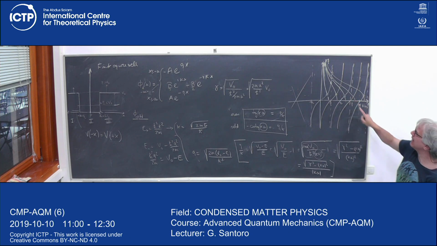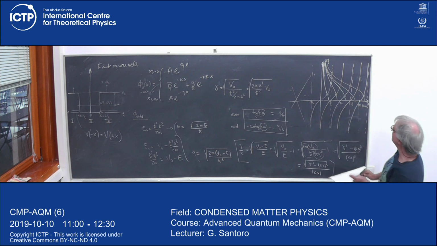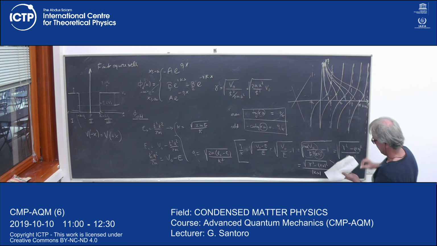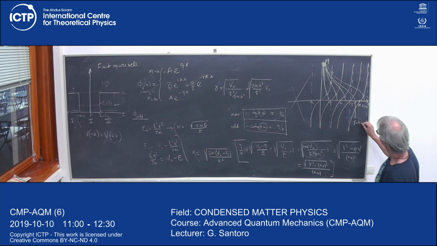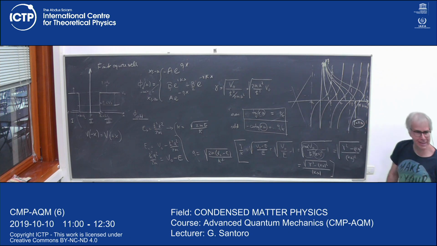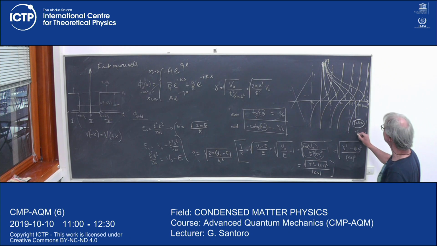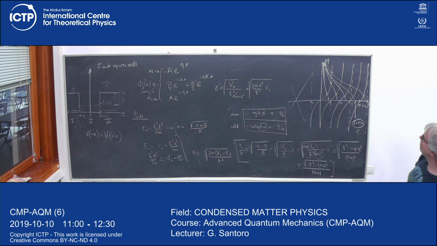Okay? In fact, counting the states is not difficult because, remember, this is the value of gamma. At this point, gamma is exactly equal to Ka. Right? So if I tell you, suppose that gamma is 5, you might say, well, 5 is less than 2 pi, but greater than 3 pi over 2.